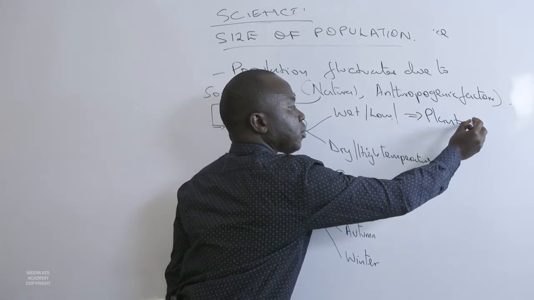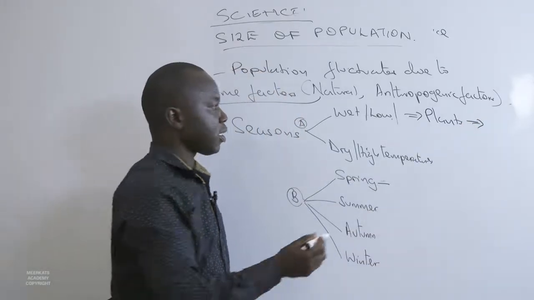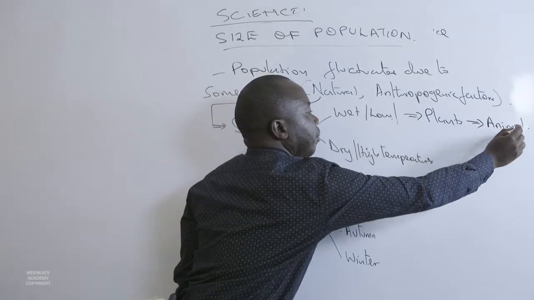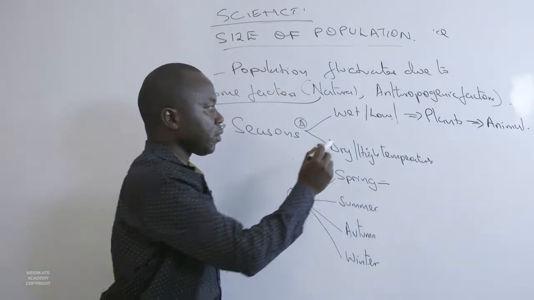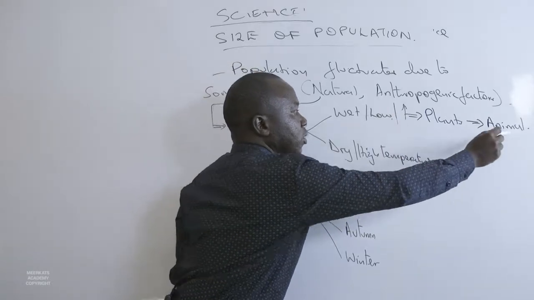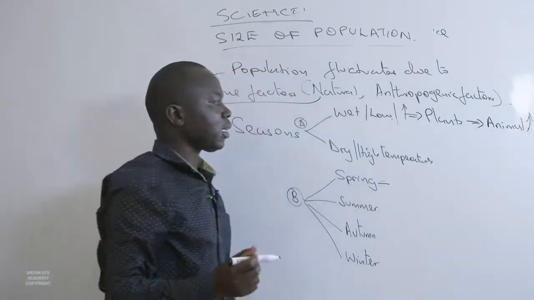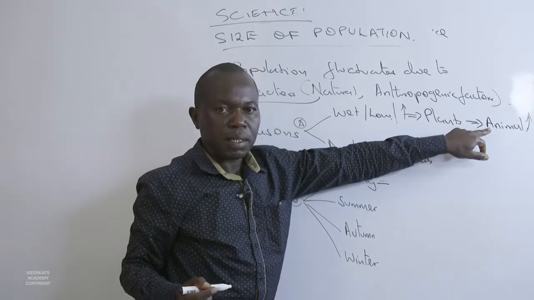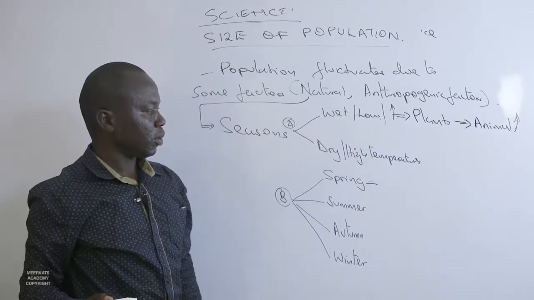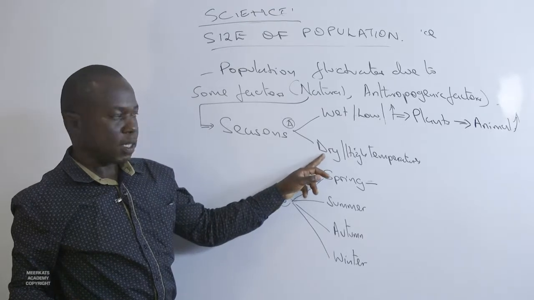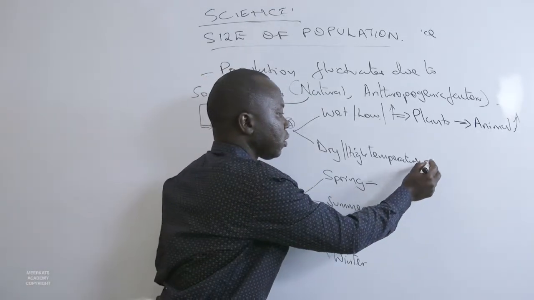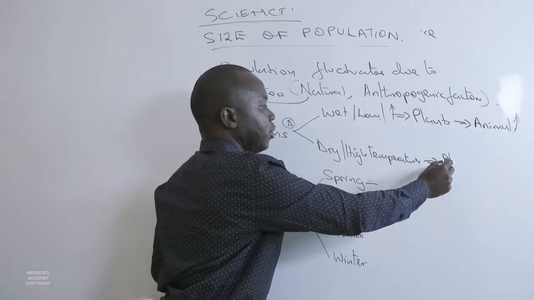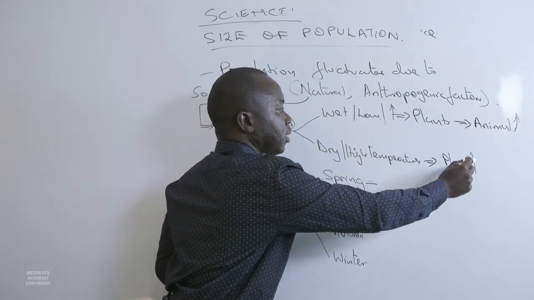Because most of the plants form food for animals, we expect the population of animals to go up. So during wet conditions, there is an increase in the population of plants, which in turn leads to an increase in the population of animals. But during dry conditions, the growth rate of plants and animals usually decreases.